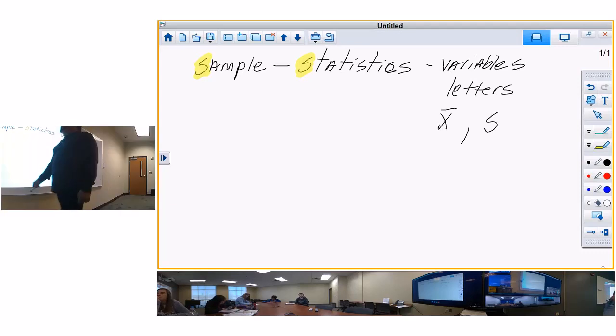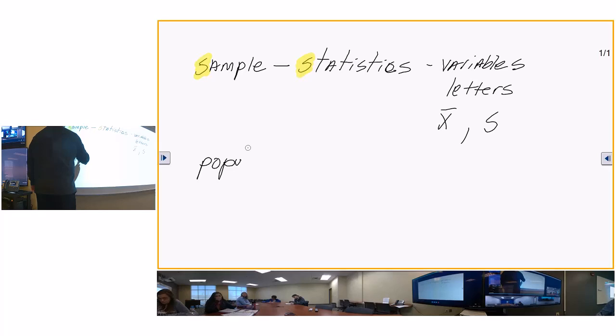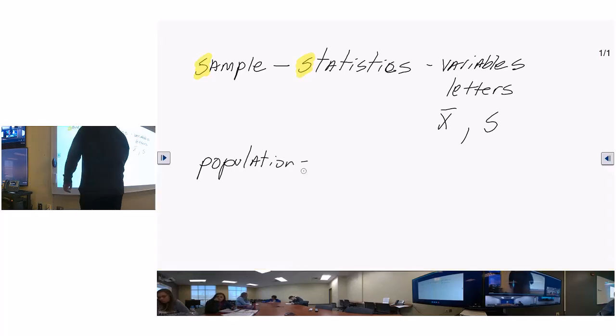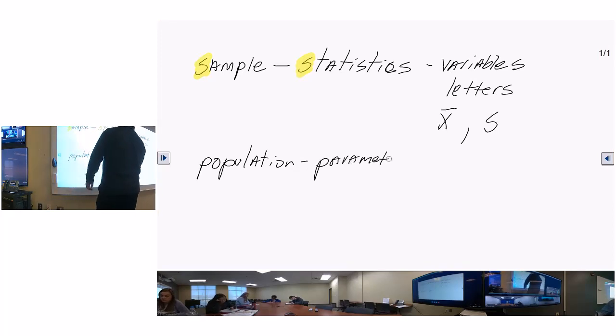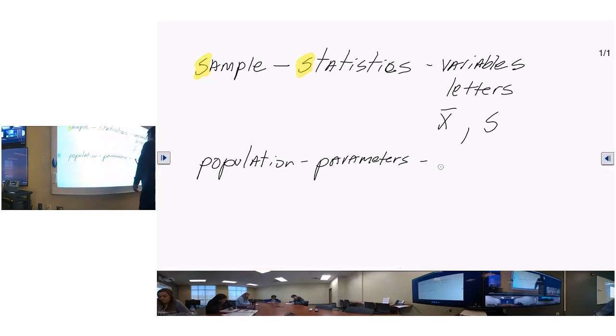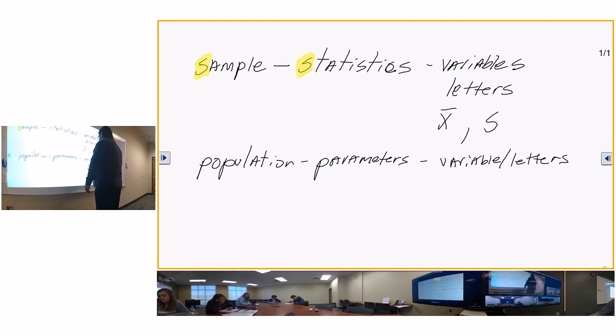The population, which is your bigger number, is dealing with parameters. And parameters are letters used, variables, letters, whatever you want to call them, used to deal with the formulas in population.